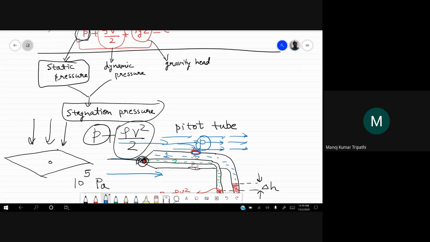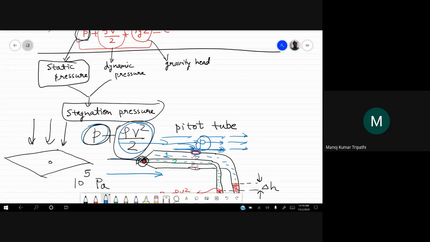It does not restrict the flow, it does not obstruct the flow. So the dynamic pressure is not converted to the pressure that this hole feels here. The air that comes in goes out with the same velocity. So this part is not changed. It is only this isotropic pressure P that is felt by this hole.